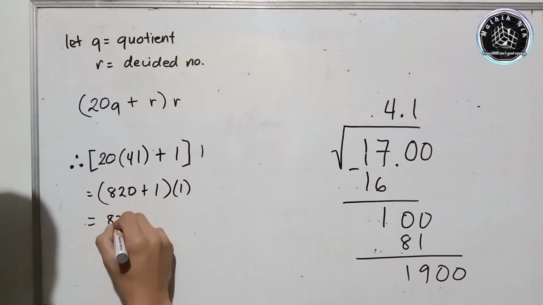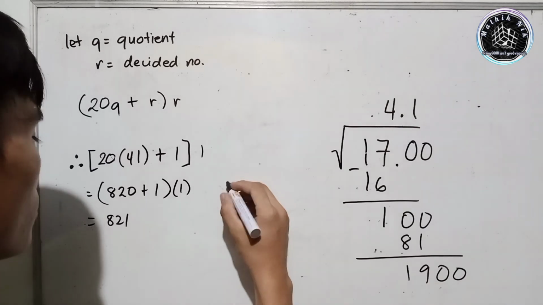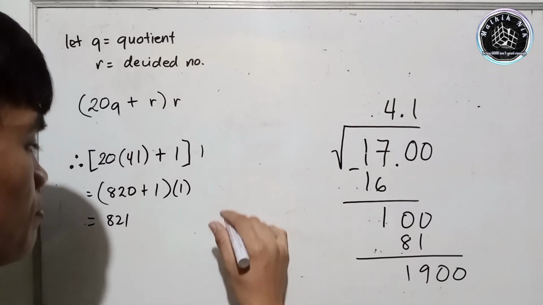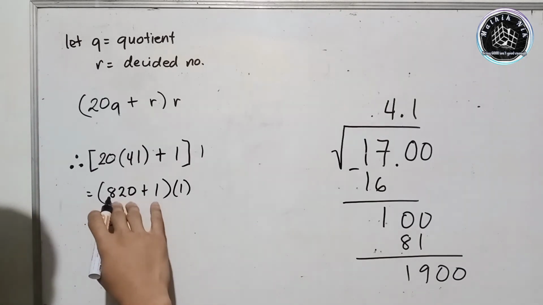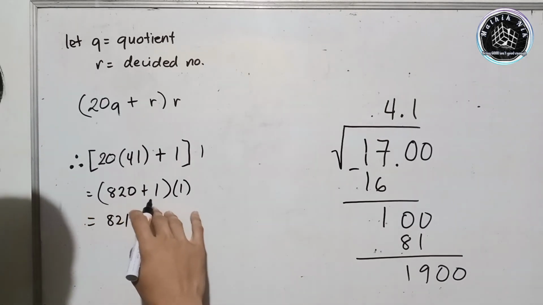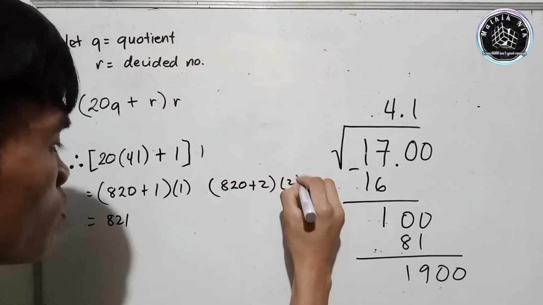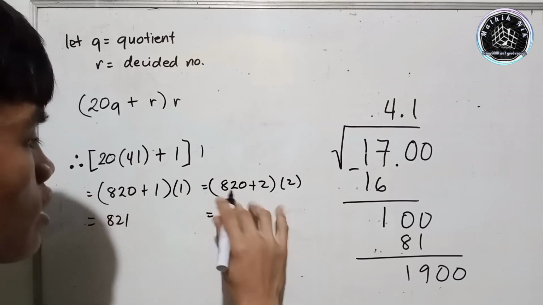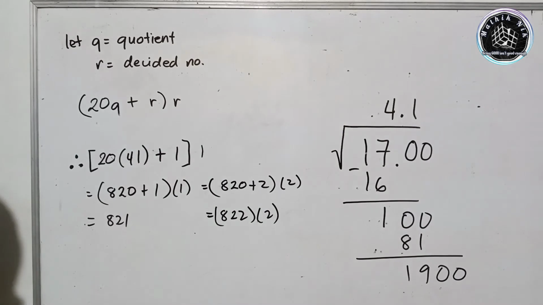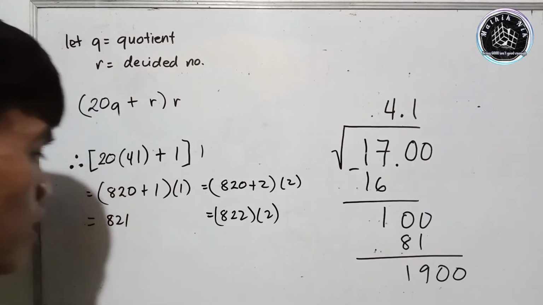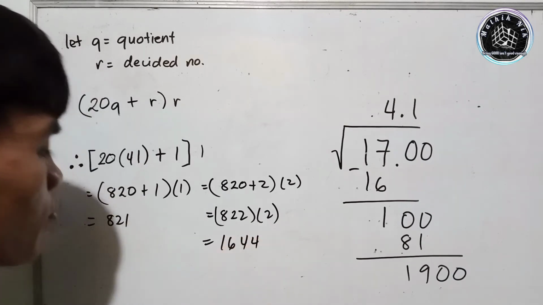So 821. It is close to 1,900, but we still need to find the solution in the next number, which is 2. 820 plus 2 times 2, so 822 times 2 is 1,644.